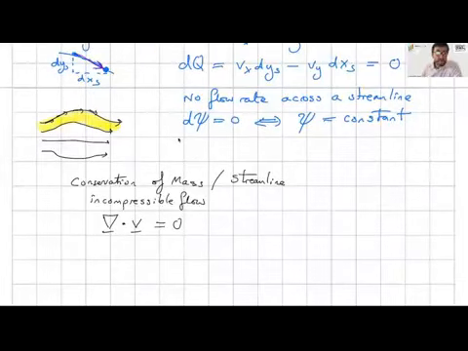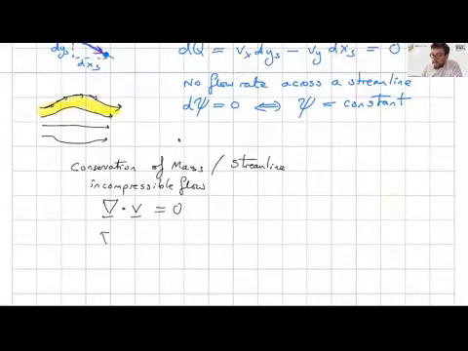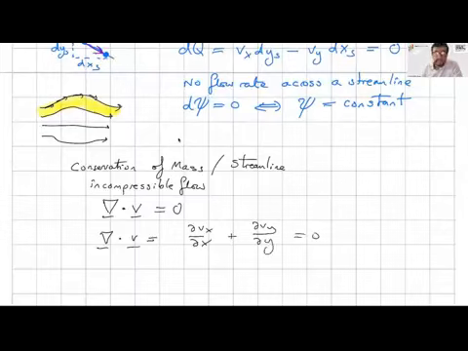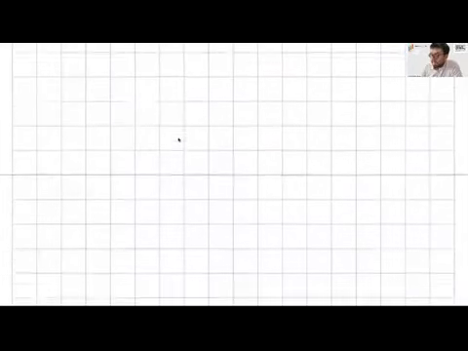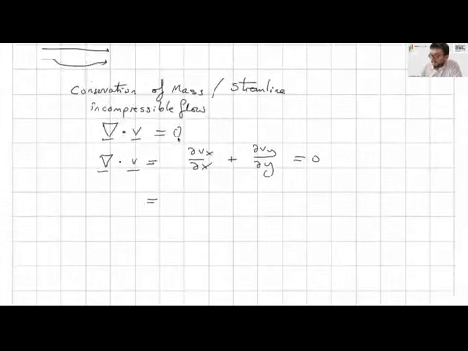So in other words, we might say that it's divergence free. Well, if we combine that with our definition of this, then we might write this as dVx by dx plus dVy by dy is equal to 0 for an incompressible flow in 2D.